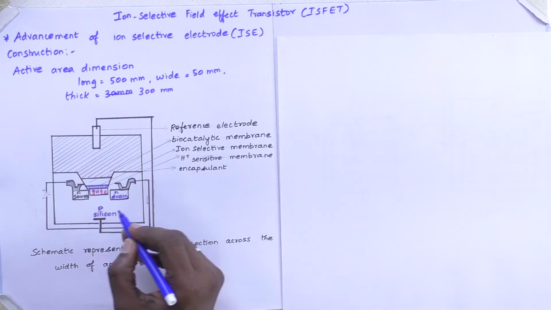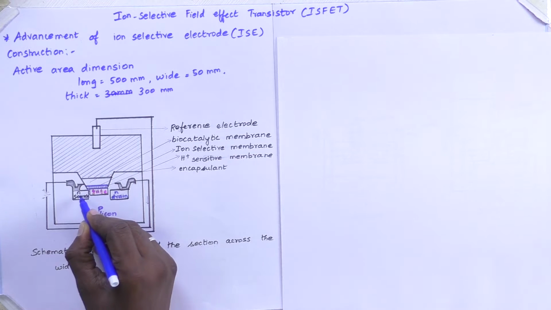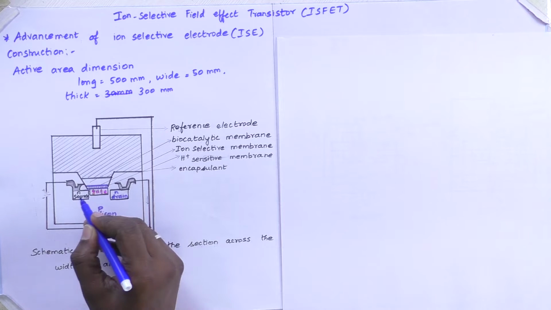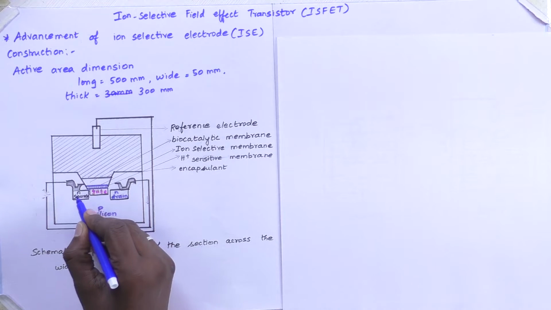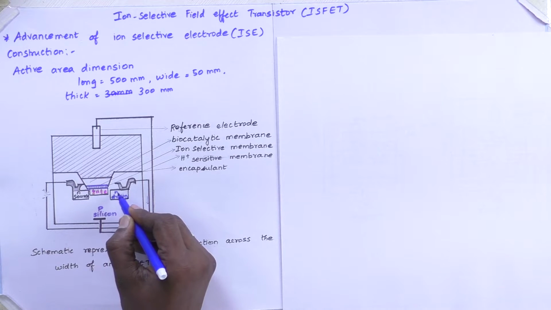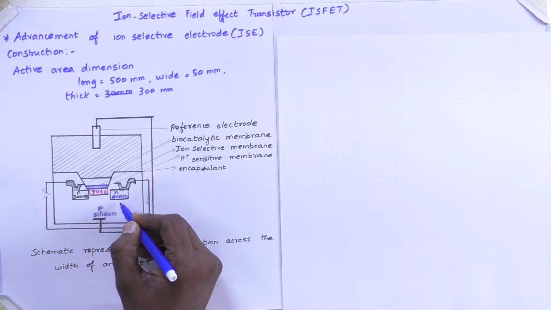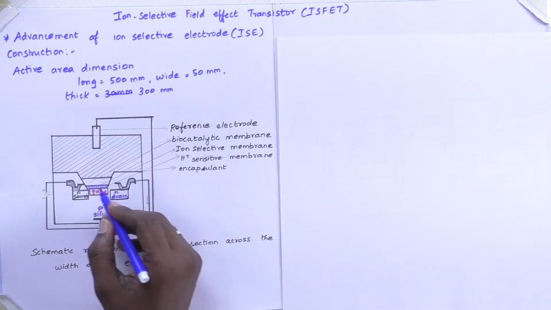It consists of one p-type silicon area and two n-type silicon chips. In this, one n-type acts as an electron source, the other n-type acts as a positive drain. They are insulated with 0.1 millimeter thickness of SiO2, silicon dioxide.